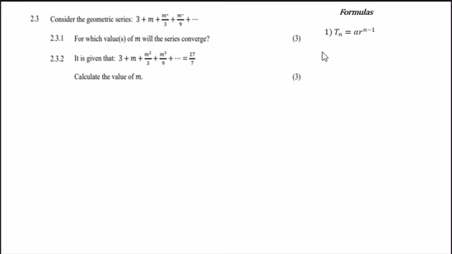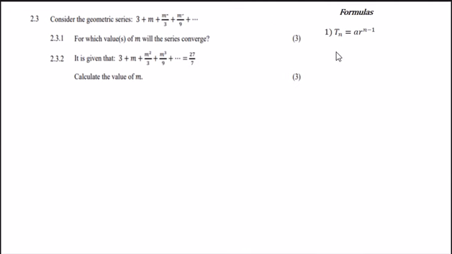What we are saying by this formula is: what is the value of the term at position n? That's what Tn is speaking about. A is our first term, r is our constant ratio, and n is the number of terms, or the position of a term.